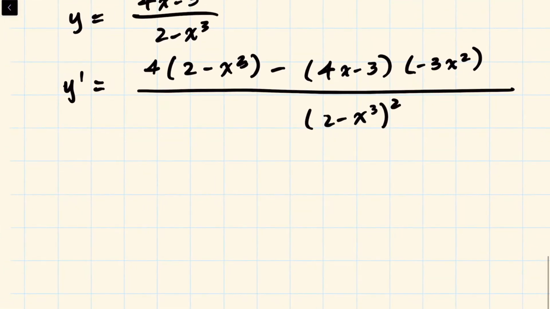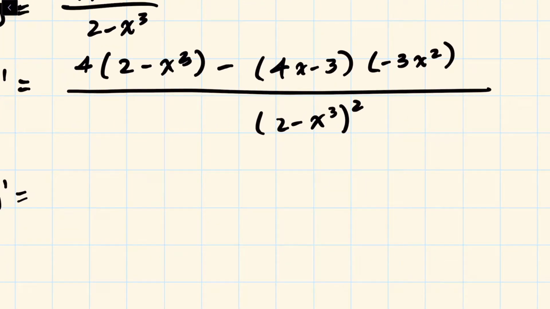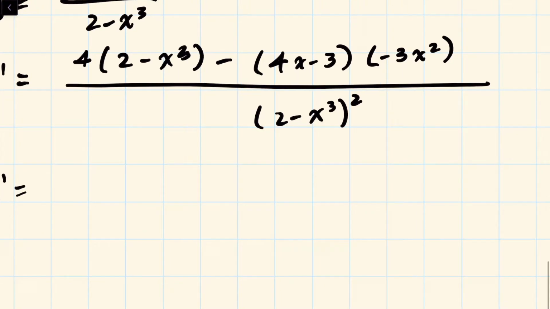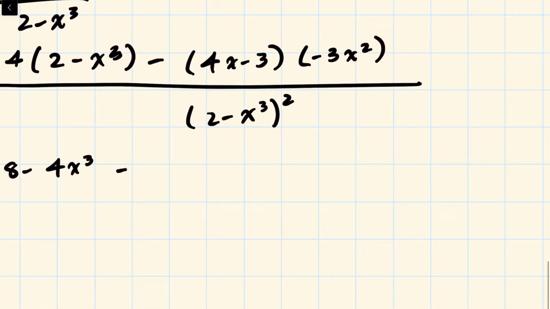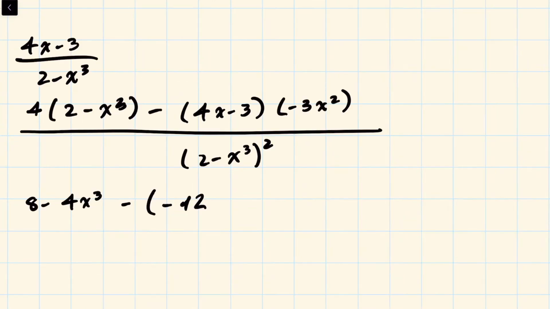Okay, and now we can simplify this now. Depending on your teacher, you might not have to simplify it. They just want to know that you can apply this formula properly, but I like to simplify it because you can get this in a little bit of a simpler way here. So let's expand this first term in the numerator here. We're going to make it 8 minus 4x cubed. Okay, and that's all minus, let's just expand this too, negative 12x cubed, right?